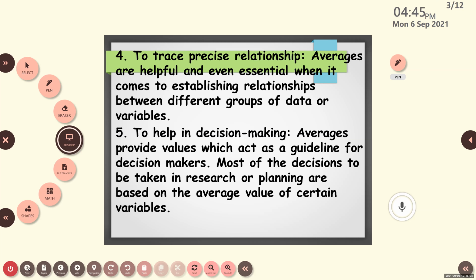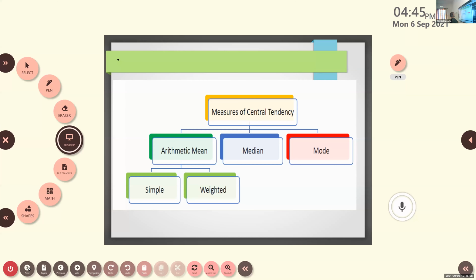Then Sayuja, the last point. Helps in decision making, to help in the decision making. These are all about measures of central tendency, objectives of measures of central tendency.